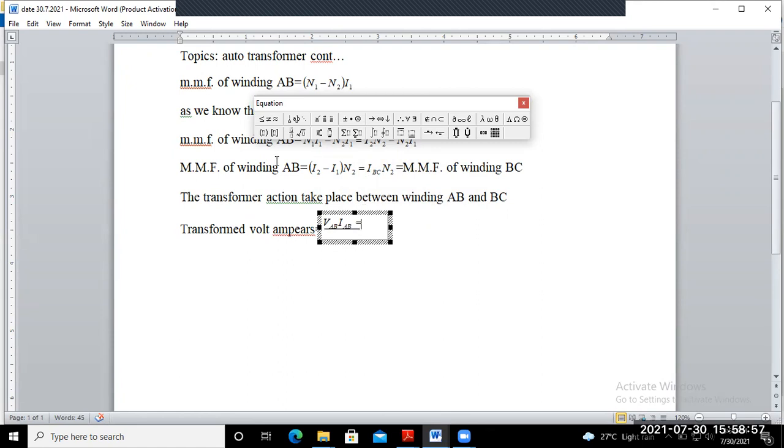So we can write here V1 minus V2 into I1.